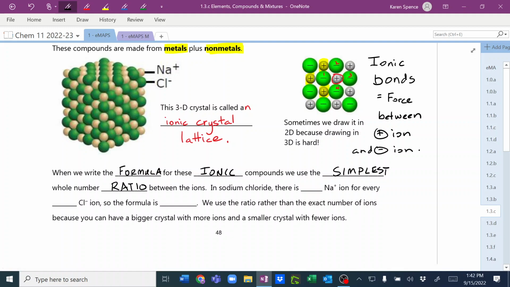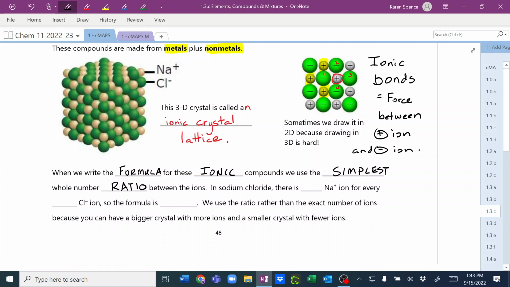Because can you imagine if we had a little teeny tiny grain of salt, we might have 300 sodiums and 300 chlorides. That would be so small you wouldn't be able to see it, okay? You might have another instance where you have 150 million sodiums and 150 million chlorides because your crystal is much bigger. Yes? So a salt crystal can be big with more ions, or it can be small with less ions.